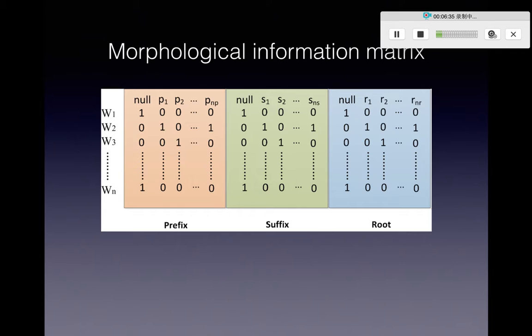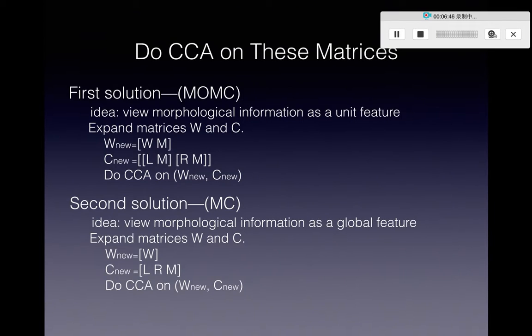Then we will concatenate the matrices from the column direction, and next we will do CCA on these matrices. The first solution is named MOMC. The basic idea of this model is that we view the morphological information as a unit feature.